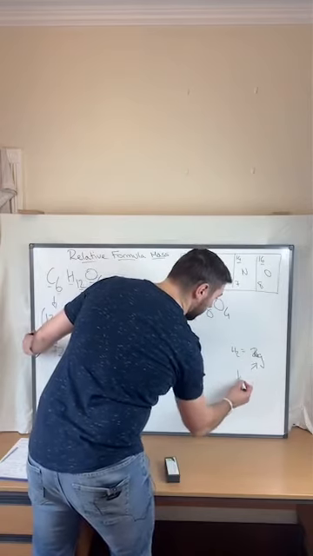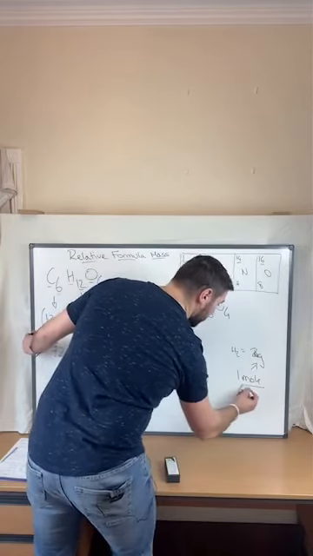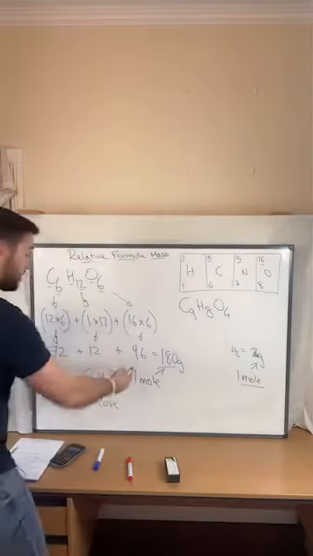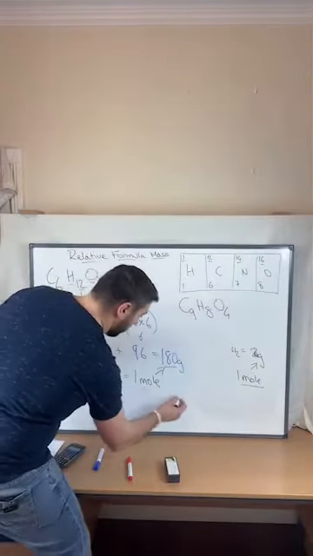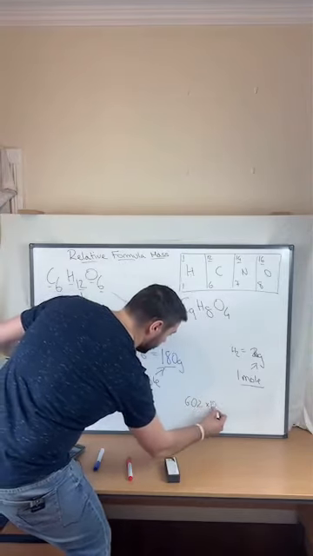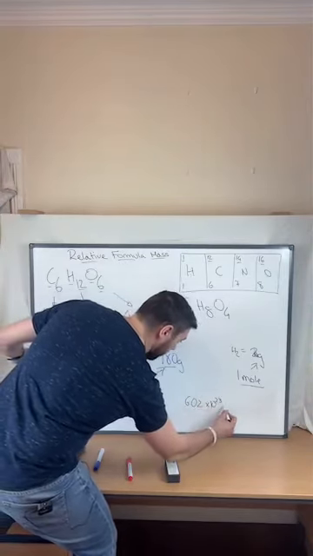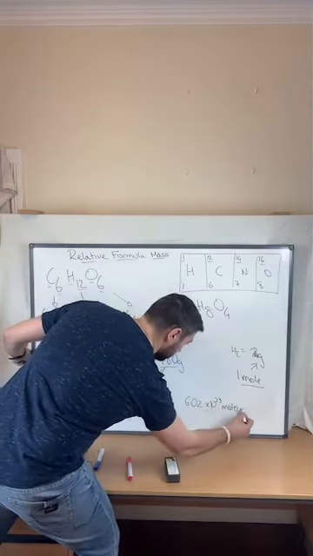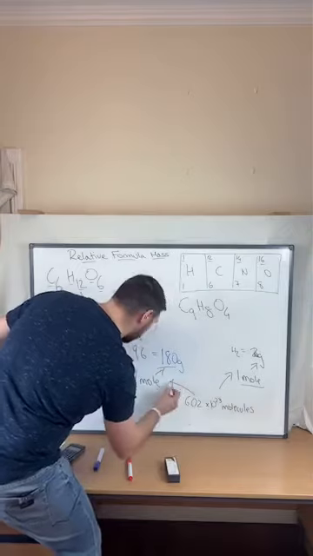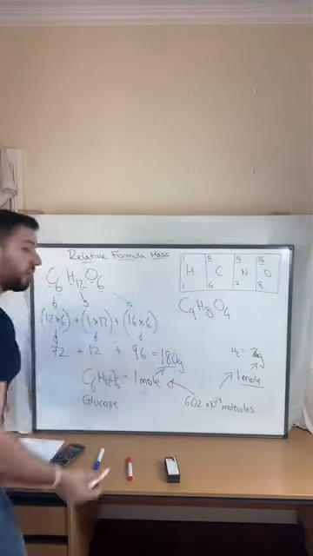The mole is just a name that we give for a set amount of atoms. So where we have 1 mole, it means we've got 6.02 by 10 to the 23 molecules of hydrogen, or, in this case, of glucose.